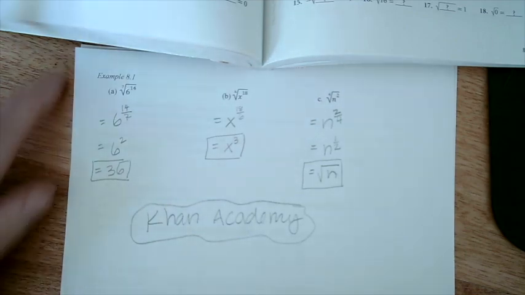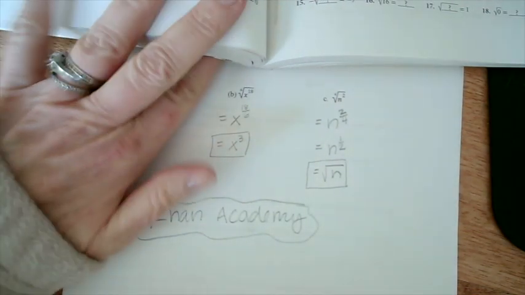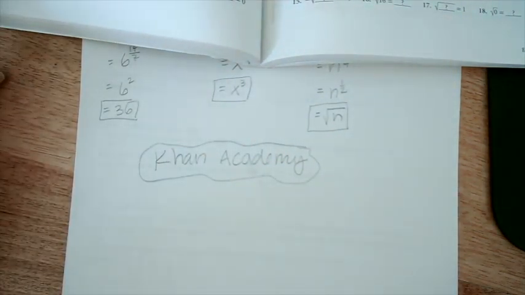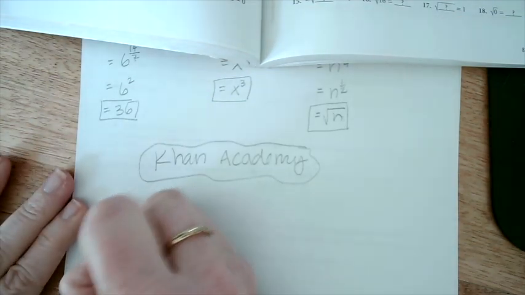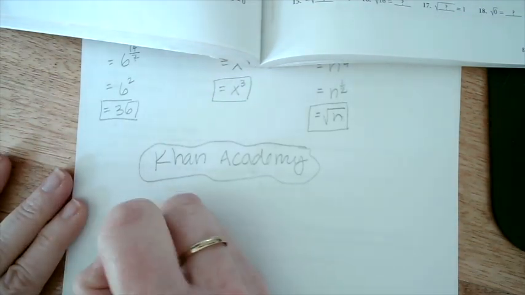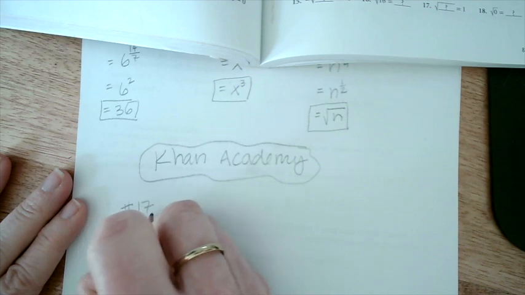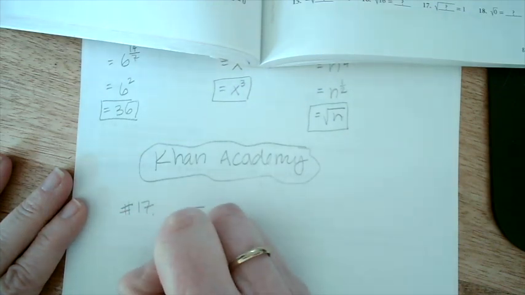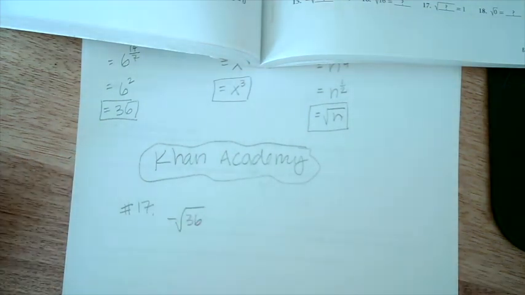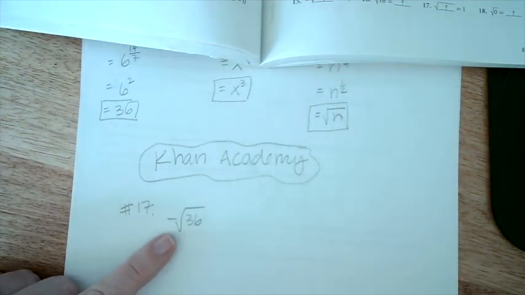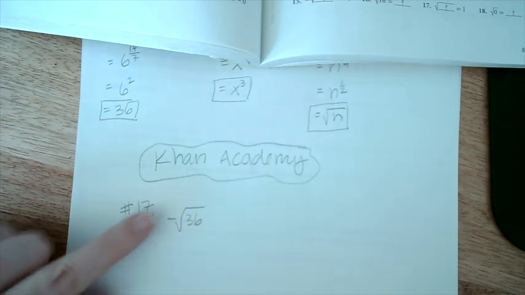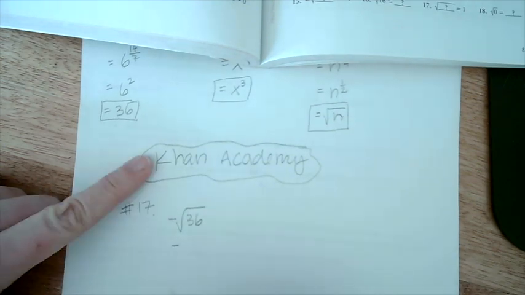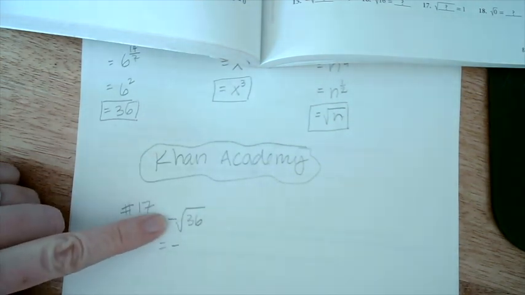Actually, I just thought of something I want to go over with you real quickly. I'm going to do number 17. I just happened to look up in the book and saw this, and thought maybe I should go over that type of problem with you. We did briefly touch on it, but remember what this would be. You can just cover that up for now, or write it, because you know the answer is going to be a negative because you have the negative on the outside.